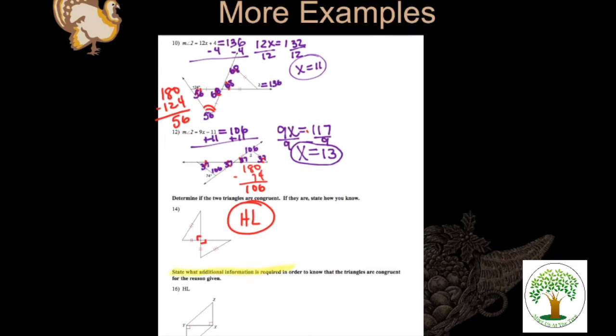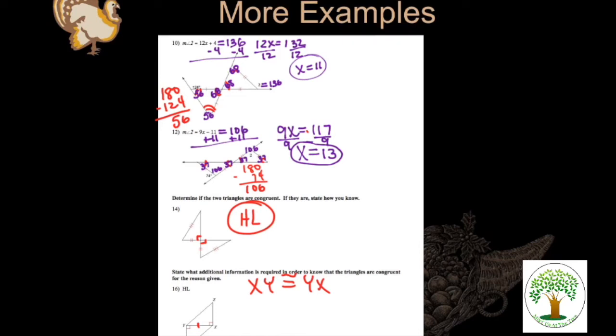Let's do this one. State what additional information is required in order to know that the triangles are congruent for the reason given. We have HL here, so it has to be hypotenuse leg. We already know that the leg is congruent, because of reflexive, we could say that XY is congruent, in this case YX. It is assumed there, though. What we do need, we got a leg, we need the hypotenuse.